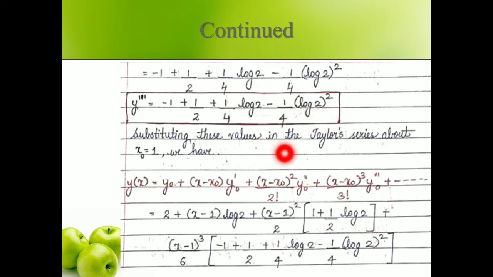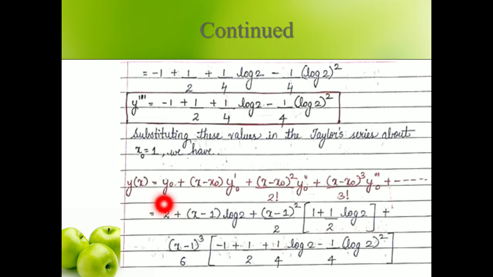Substituting the value in the Taylor series about x naught equal to 1, we have y of x equal to y naught plus x minus x naught y naught dash plus x minus x naught the whole square divided by 2 factorial y naught double dash plus x minus x naught the whole cube divided by 3 factorial y triple dash naught, and it continues.